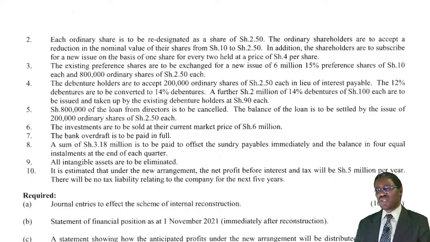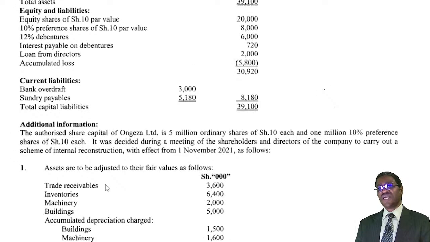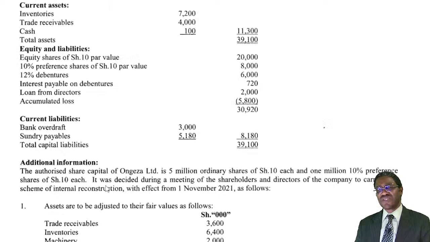Let me take you to the balance sheet. According to this balance sheet, I can see among the long-term liabilities, up there, there is interest payable on debentures. Interest payable on debentures 720. Are you seeing it there? 720. Good.